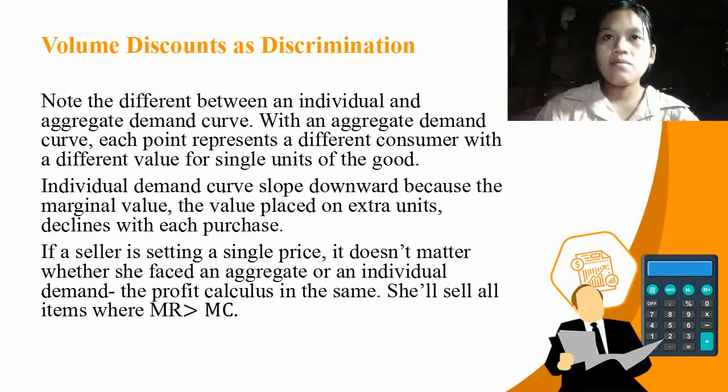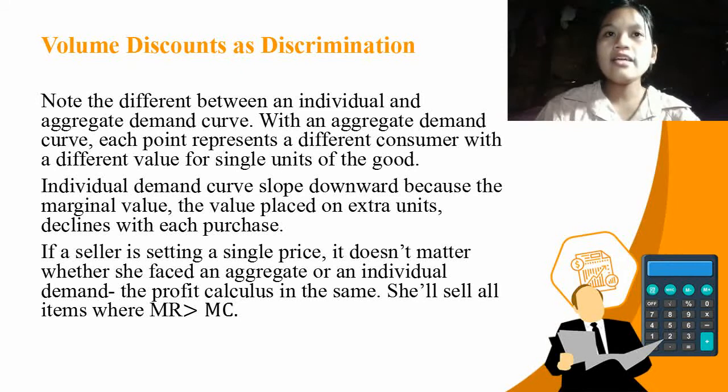In this case, we have to find a way to set different prices for each unit consumed. Consider an individual demand curve for a single customer who is willing to pay $7 for the first unit, $6 for the second, $5 for the third, and so on.